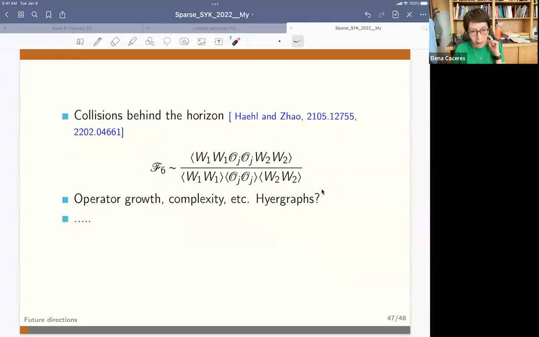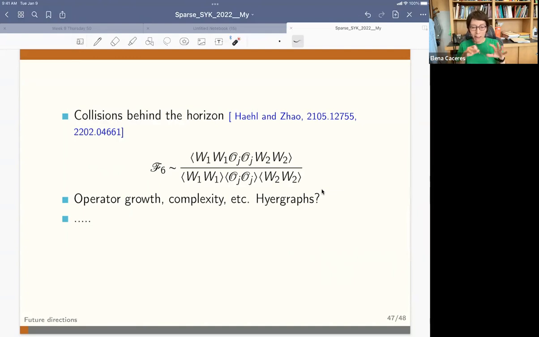Then there's a lot of stuff that goes back to my interest in hypergraphs, because another field of interest in this whole sparse SYK thing is operator growth or complexity: how, as time evolves, an operator gets more and more complex, or how it grows. And I think hypergraphs would be a good language to address this, because as I mentioned, they have all these different measures of covering times.